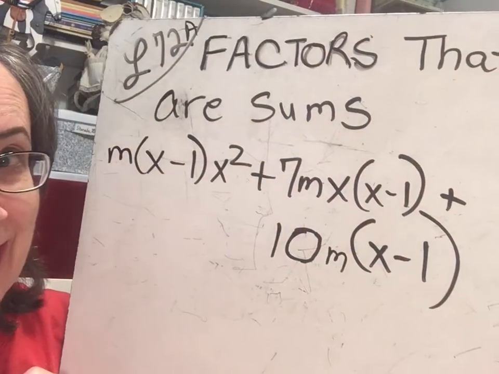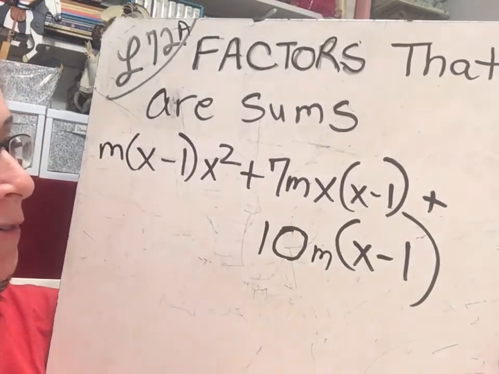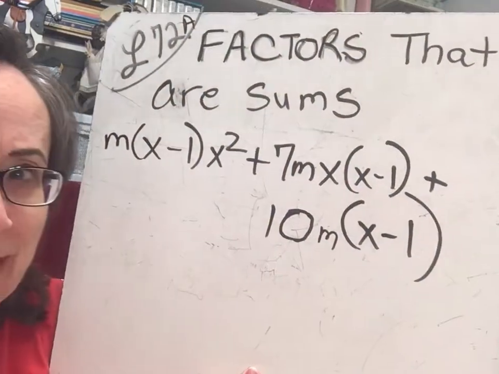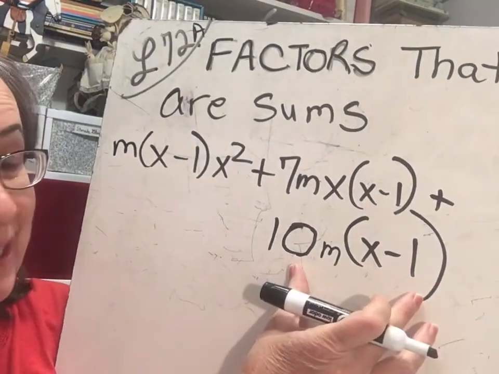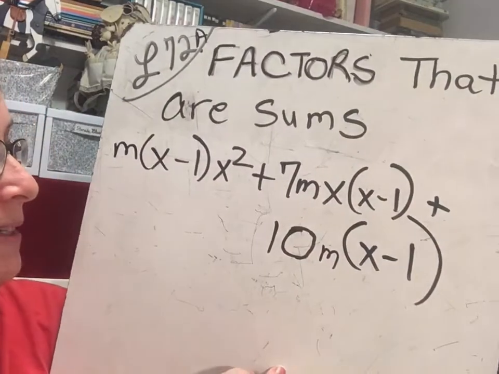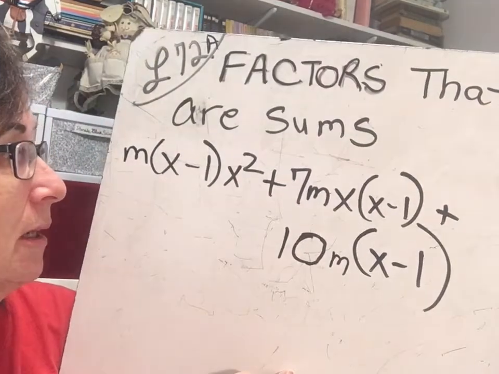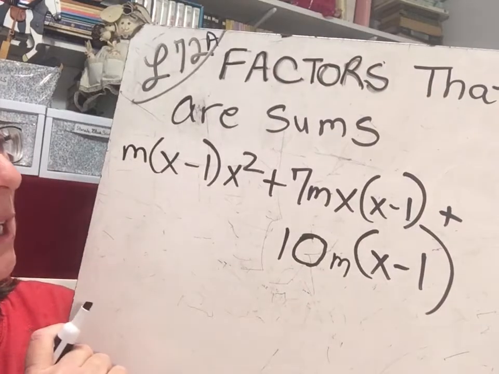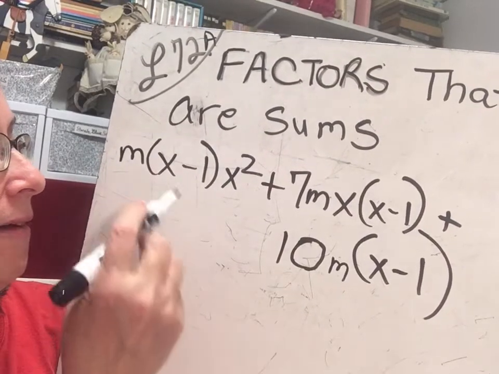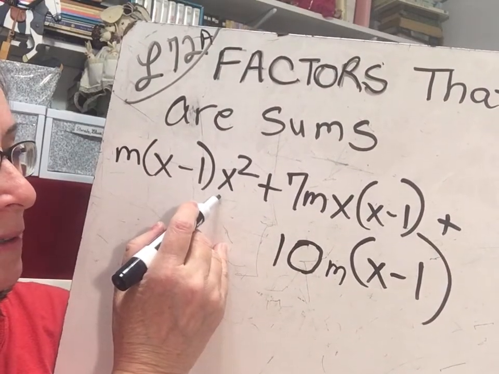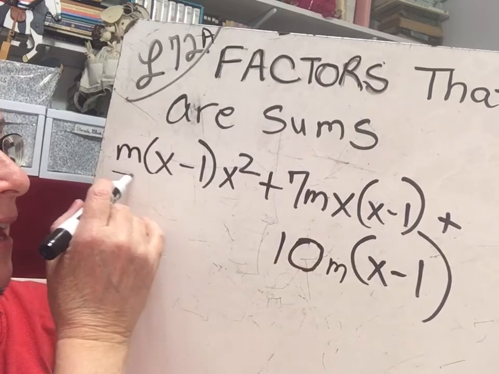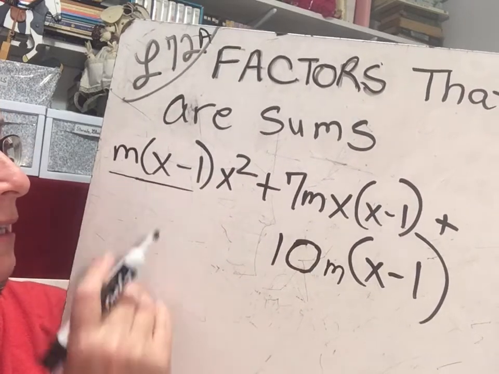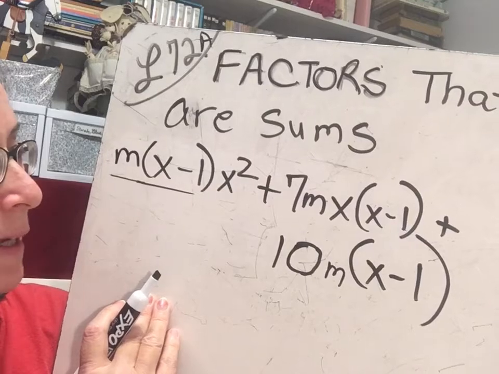Okay, so this is the last one of these problems before we move on. So they made it look a little bit more complicated. This one, I just didn't have room to write anymore because there's so many letters and numbers. But if you look at it very closely, I have my x squared and then everything in front of it, m times x minus 1.